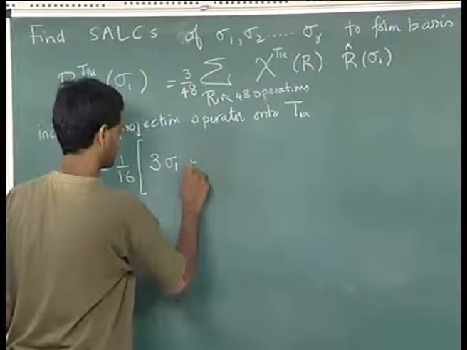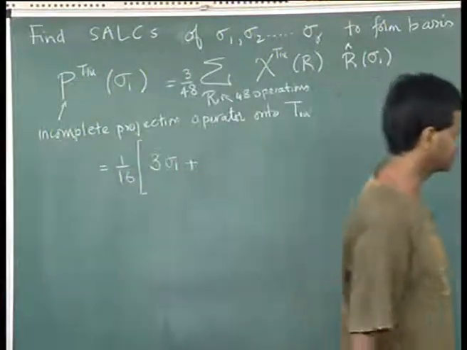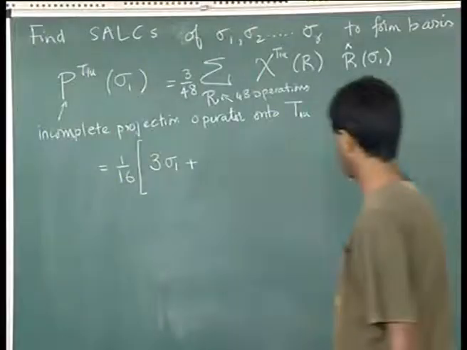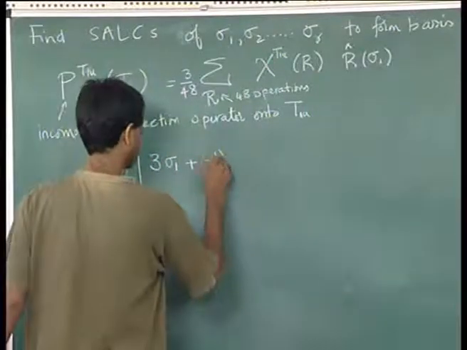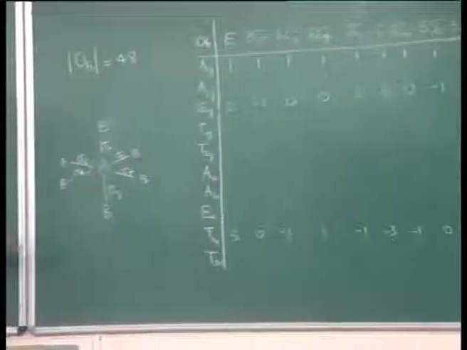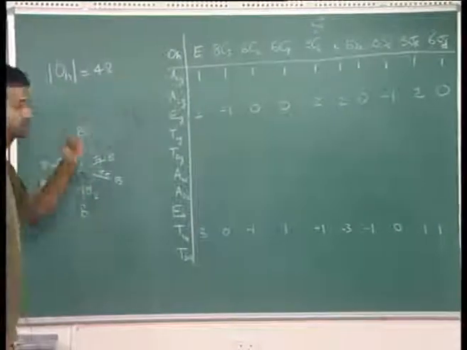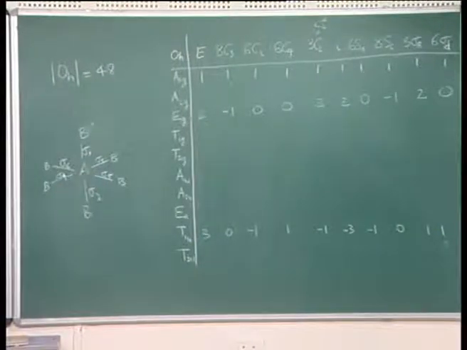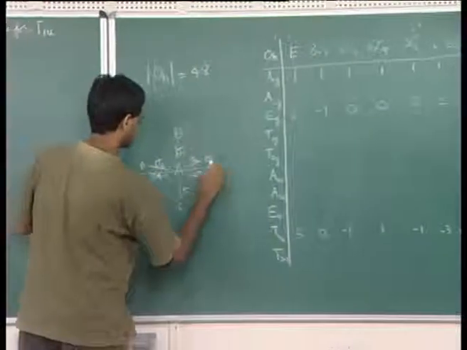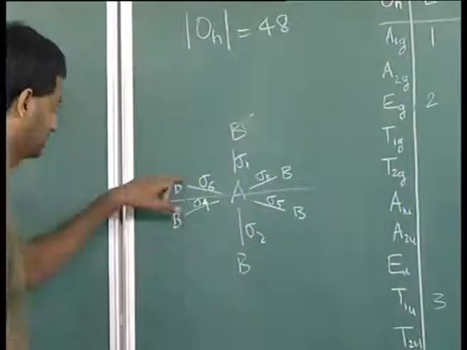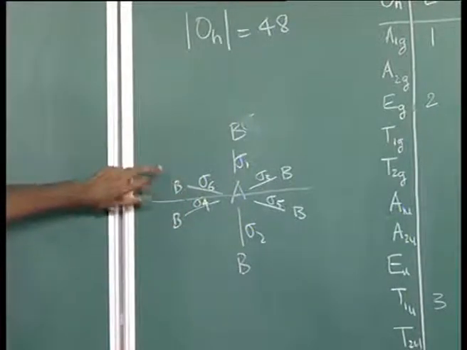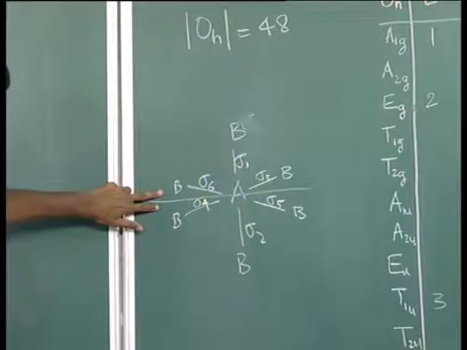Next, the non-zero character corresponds to C2. That has character -1. There are 6 operations corresponding to C2. As I had said, they correspond to axes that are in between the bonds.